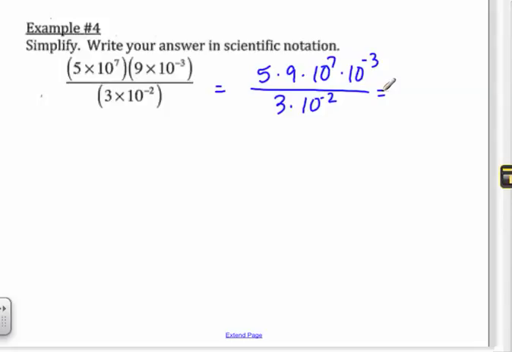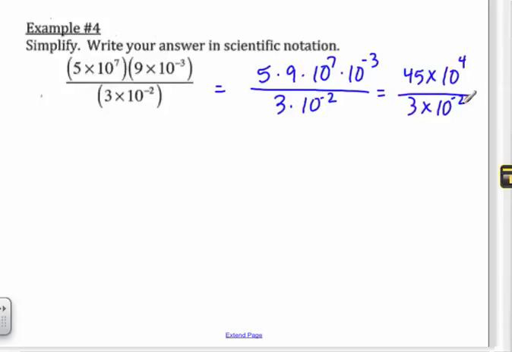We keep trying to go back to the bottom. I'm going to try and combine some things that are up on the top. I'm going to multiply 9 and 5 and get 45 times 10 to the 7th times 10 to the negative 3. I just add their exponents and I get 10 to the 4th. Good. Beautiful. On the bottom, I have 3 times 10 to the negative 2.